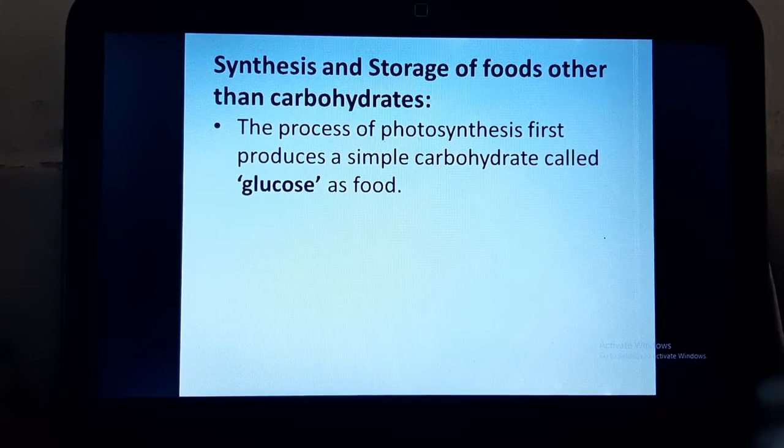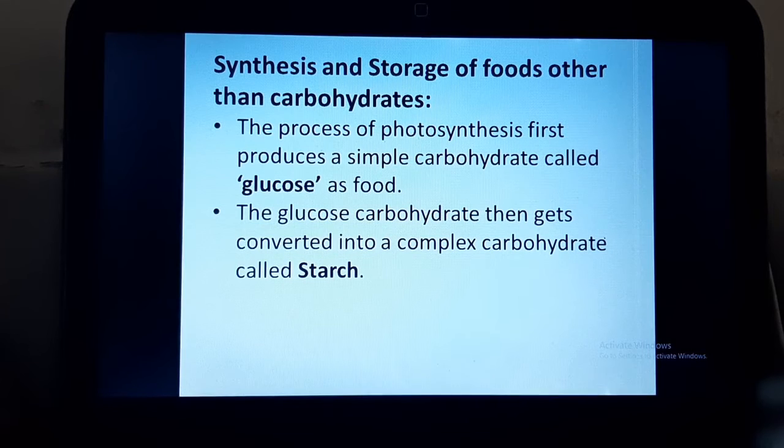Now the chlorophyll present in the leaf is utilizing light energy of sunlight to convert that light energy into the chemical energy which is stored in the form of food. Okay, so the food which is first formed is a simple carbohydrate and its name is glucose.